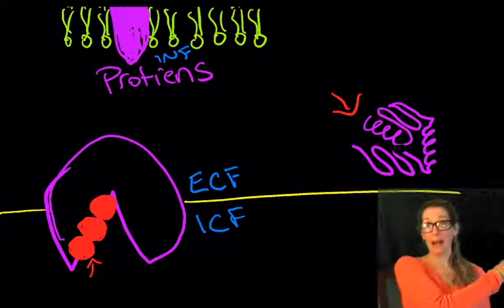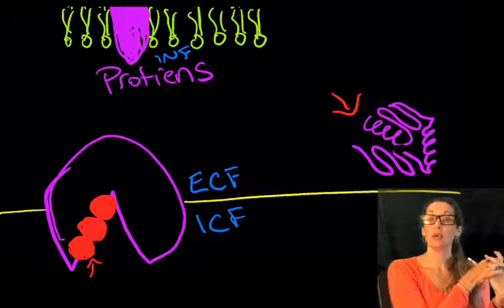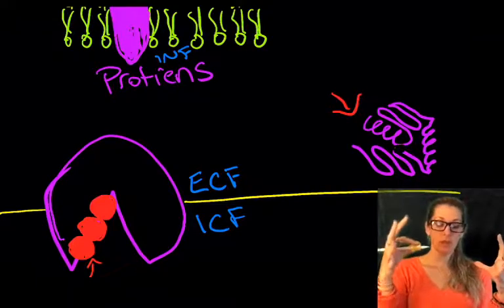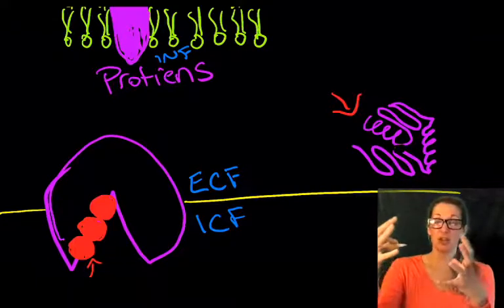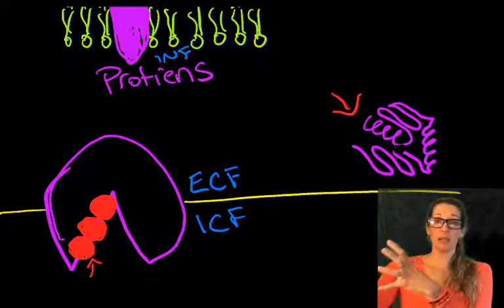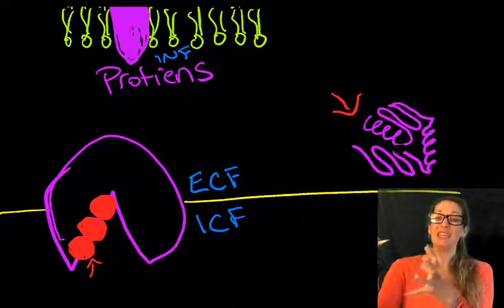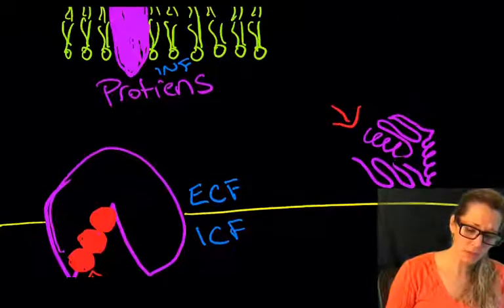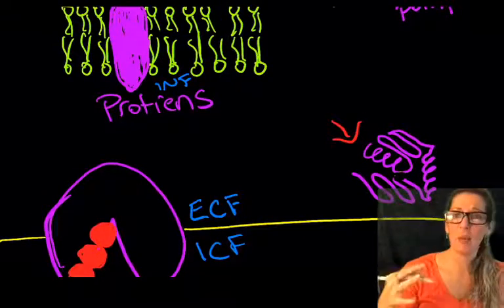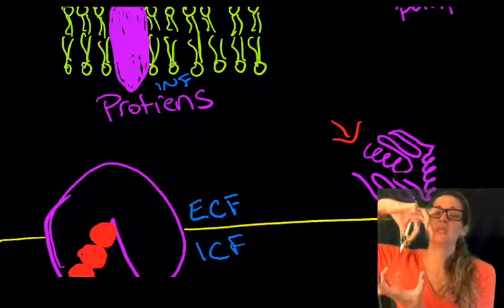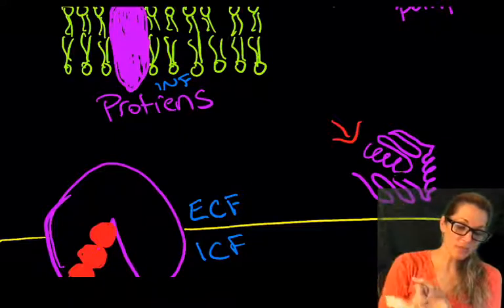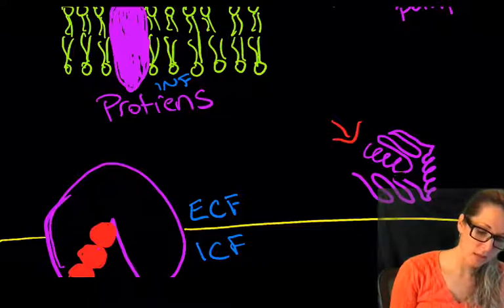Remember when we talked about important biomolecules, we talked about protein, which has primary, secondary, tertiary, and sometimes quaternary structure, and in each of these we get more complex and more folds. Let's imagine our binding sites are here.